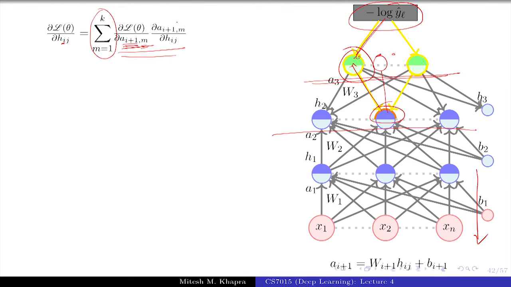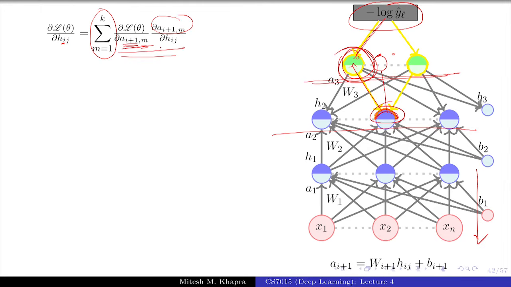And then that node is differentiated with respect to the quantity that I'm interested in. Is this clear now? This is very similar to the toy example which I did. I just have k paths now instead of 2 paths there. Is it clear now? Sure? Okay. Fine. So let's move ahead.